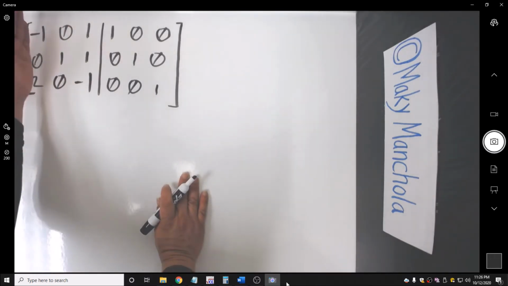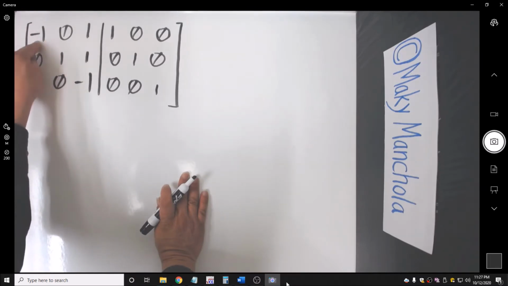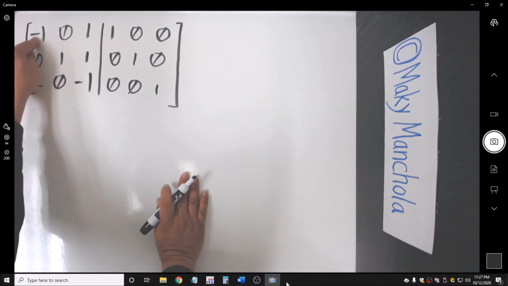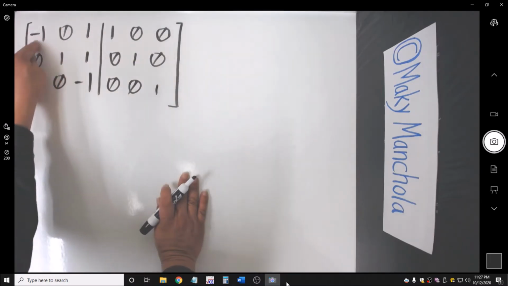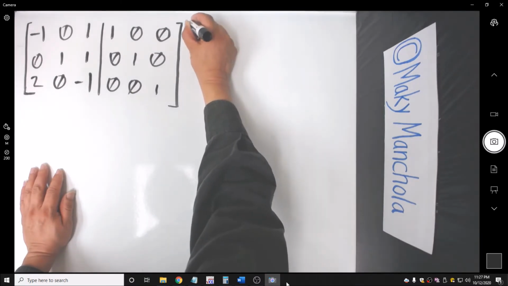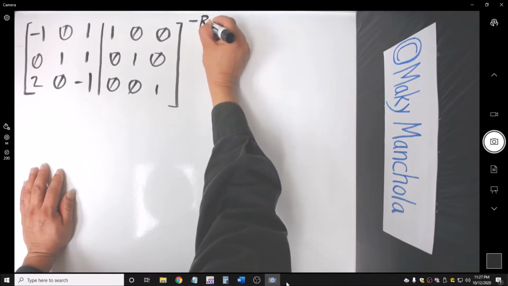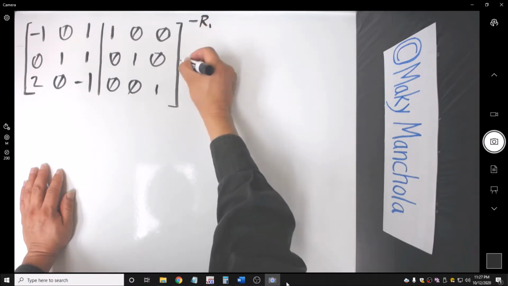The first non-zero entry should be in the first row, first column of that matrix. Make it a 1. Right now, that requires I multiply the first row by -1. So apply that elementary row operation. -1 times the first row of the augmented matrix.